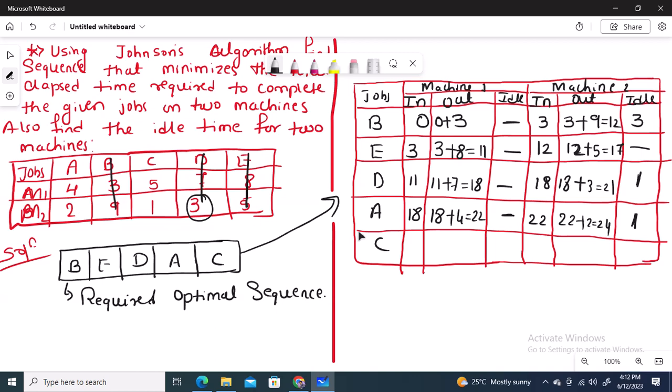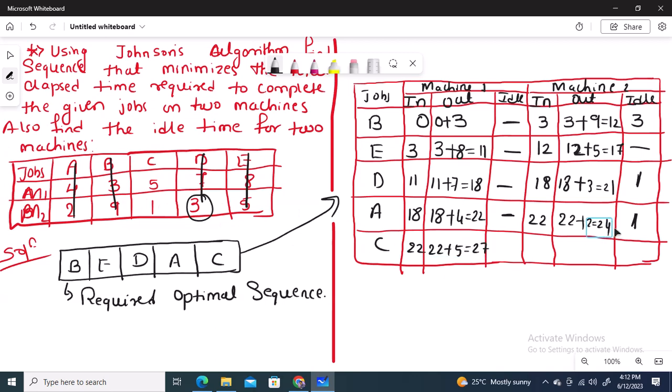Now as usual, the closing time of A is what? 22. That is the in time for the remaining job, that is C. So 22 plus 5, 27. You can see here, this is the C value: 22 plus machine 1 time is 5, 27.